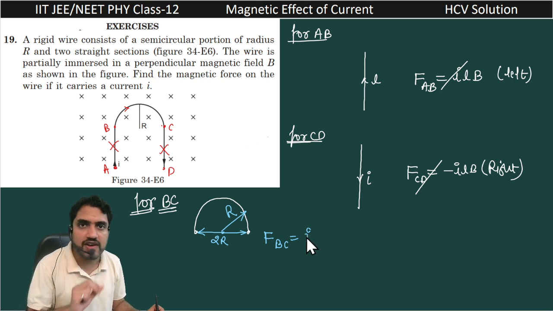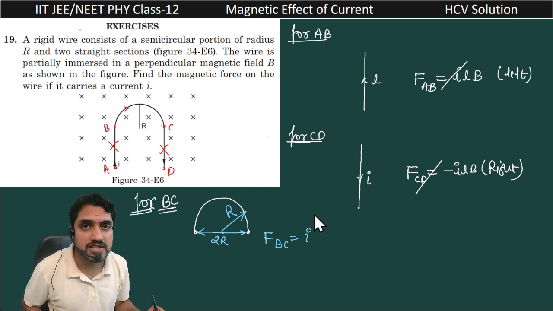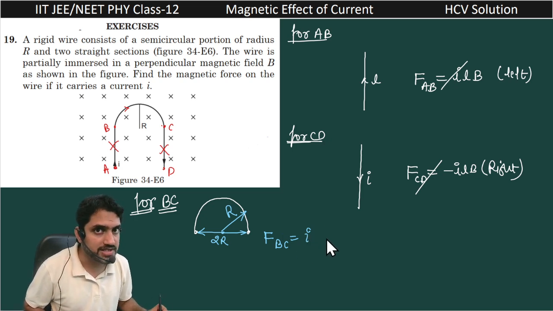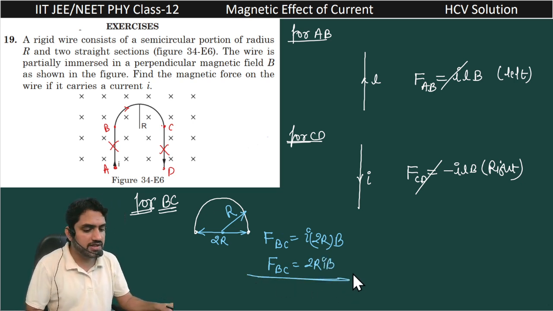Actually, the length of the wire is the semicircular wire, but here we have to calculate the effective length, the minimum length between the first and last point. So the force on BC is equal to 2r into I into B. That is the answer.